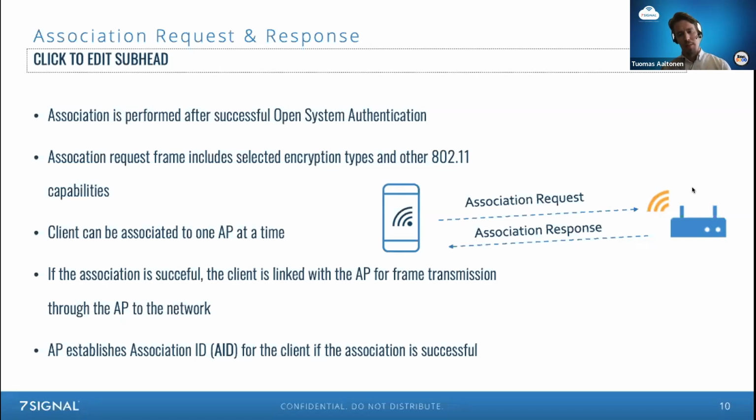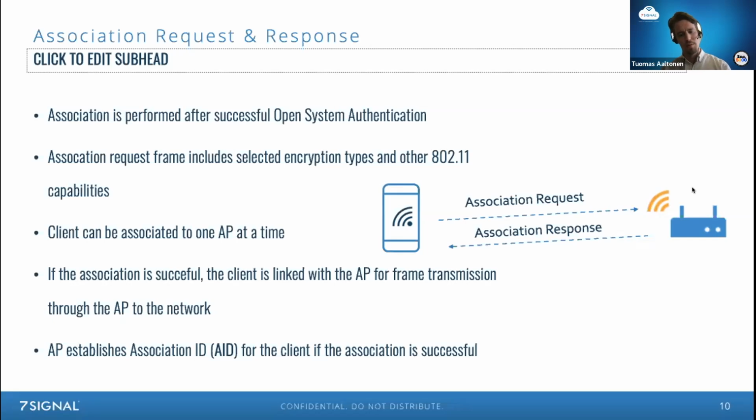And at the same time, when the association is successful, the AP establishes an association ID, or AID, for the client that can be used by the BSS, by the AP itself, when it needs to send data for the client.